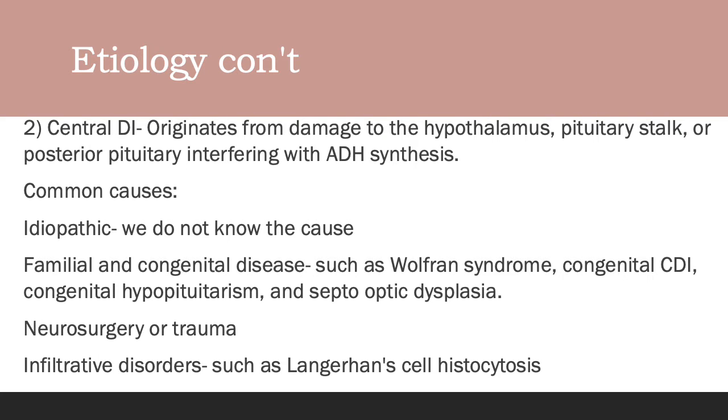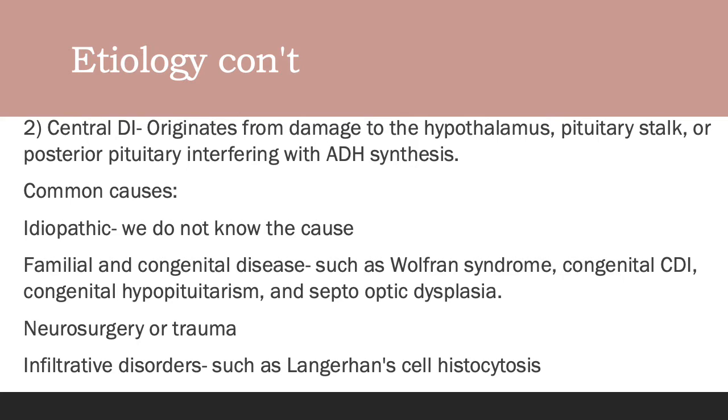So central diabetes insipidus, like I said, involves the hypothalamus of the posterior pituitary. So damage to the hypothalamus, the pituitary stalk, or the posterior pituitary interferes with production of ADH. And in some cases can be idiopathic, meaning we don't know the cause.